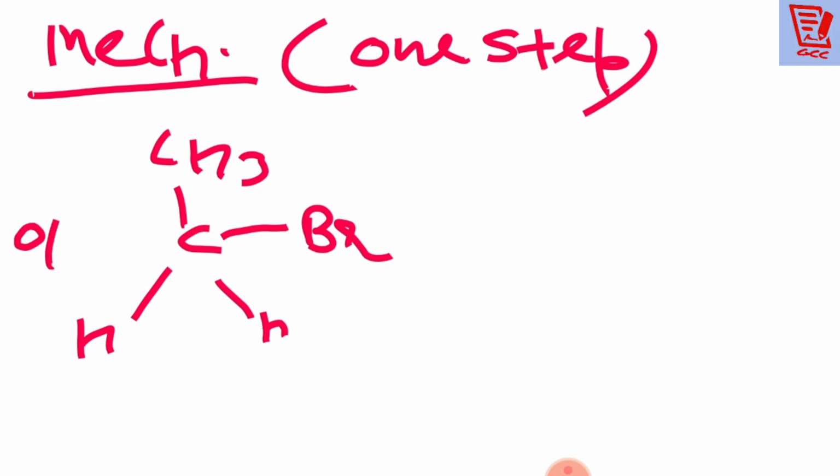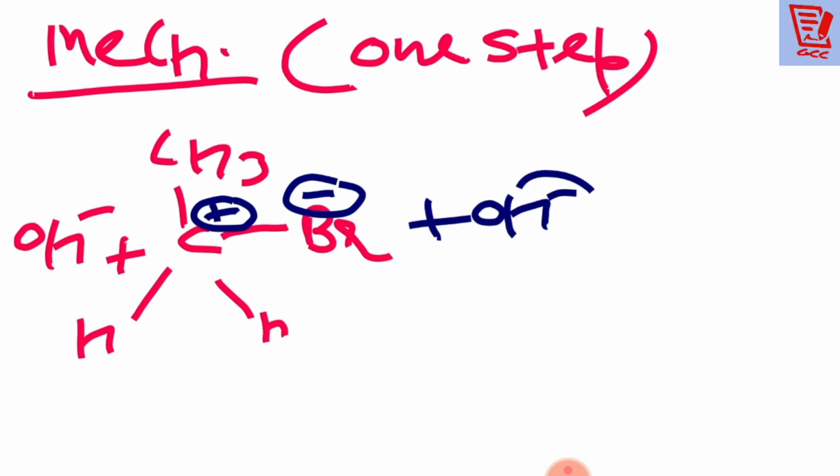But the OH negative ion will attack from the back side. Why from the back side? Because C is partially positively charged, Br is partially negatively charged. If the OH negative will attack from the front side, then this negative and this negative will repel. That is why it is attacking from the back side.